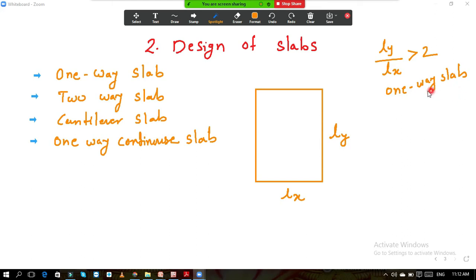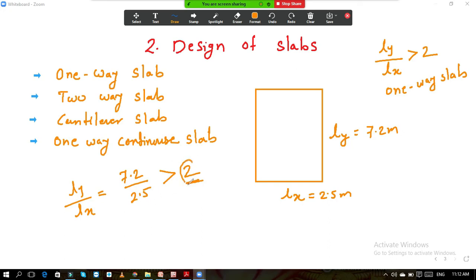Now for example, suppose the value of Ly is 7.2 meter, and suppose Lx is 2.5 meter. If you take the ratio of Ly by Lx, your Ly is 7.2 and your Lx is 2.5, so this ratio is definitely greater than 2, because 2.5 into 2 comes to about 5.